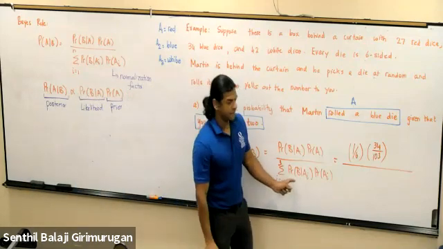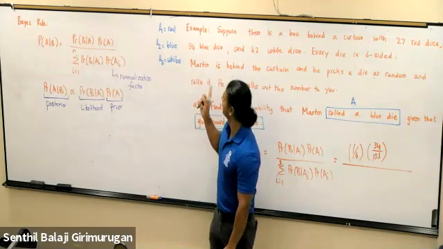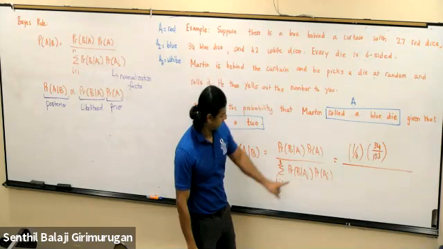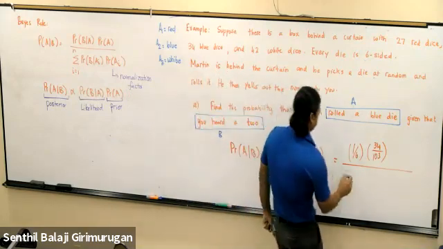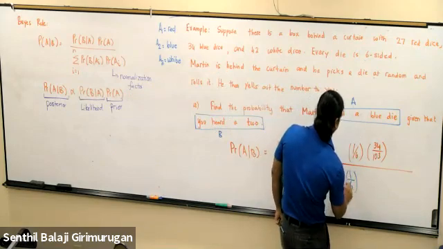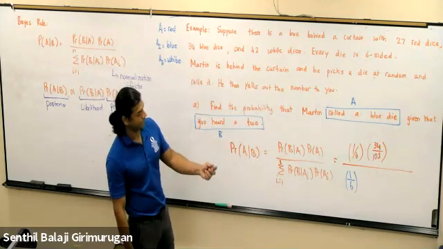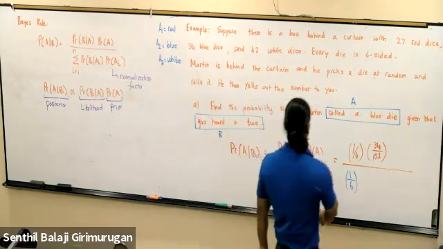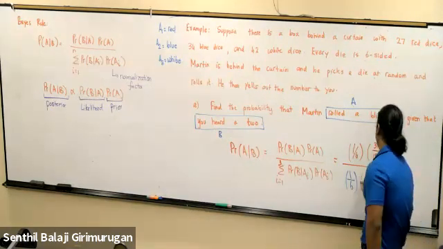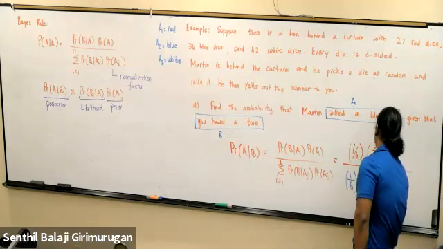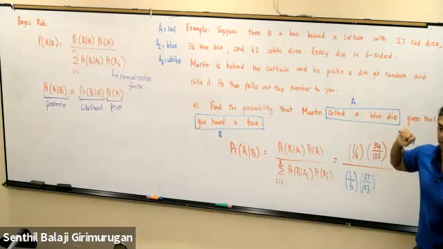So what is the probability that you get a 2 given A1, which is a red die? 1 out of 6. Multiplied by the probability that you get A_i, which would be picking a red die out of the total.